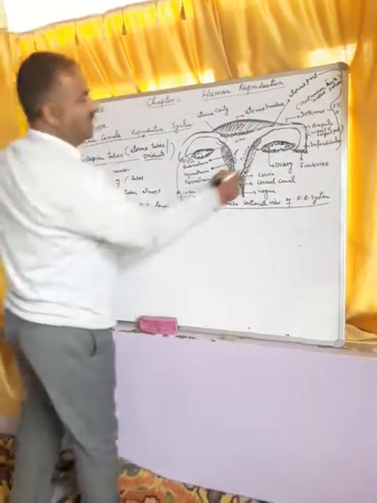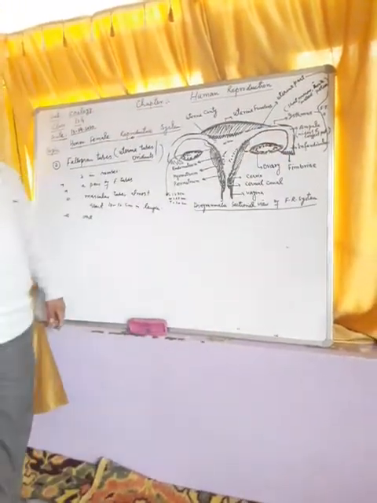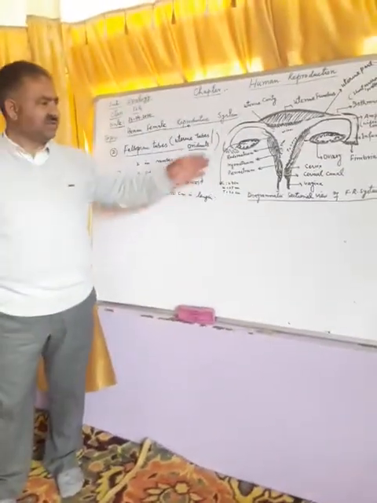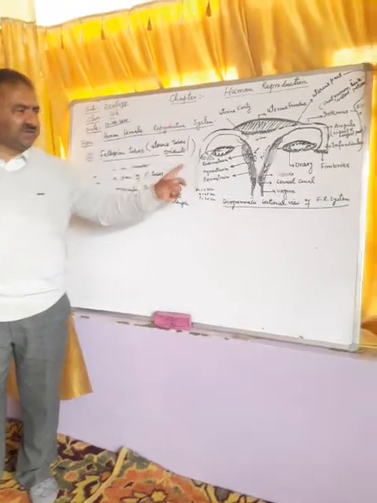So far as the wall of this fallopian tube is concerned, we talk of a single tube, though there are a pair.